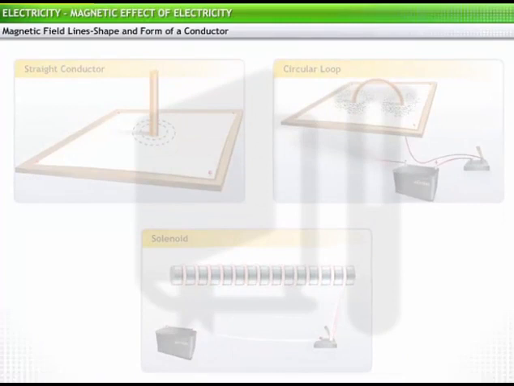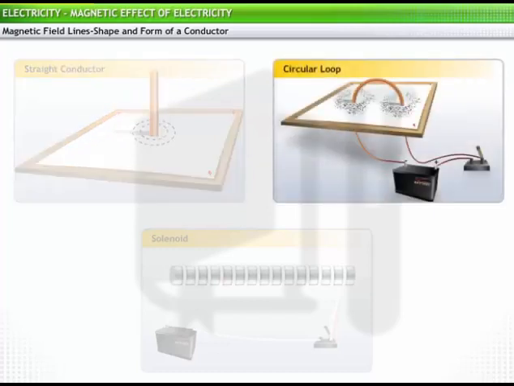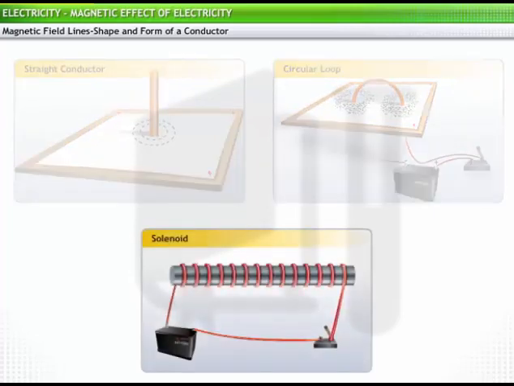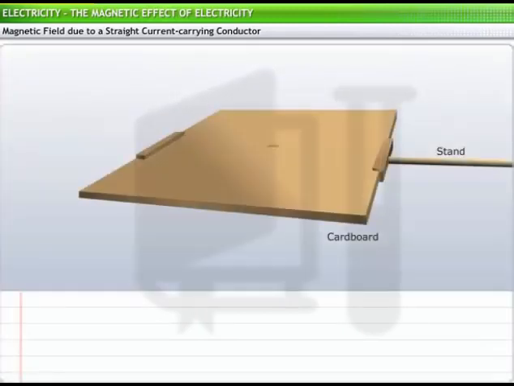Magnetic field lines vary with the shape and form of the conductor. Let's take a look at the magnetic field and field lines around a straight conductor, a circular loop, and a solenoid. An experiment will help you understand how magnetic field is spread around a straight current-carrying conductor.